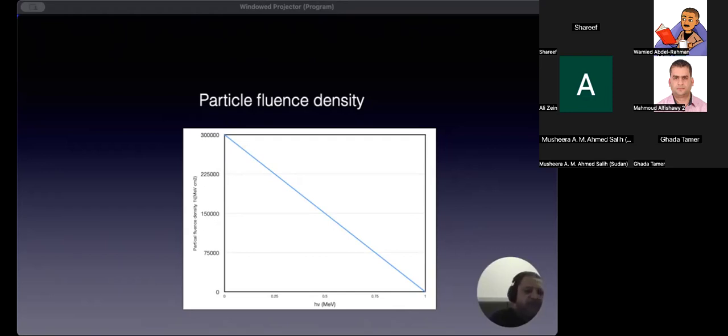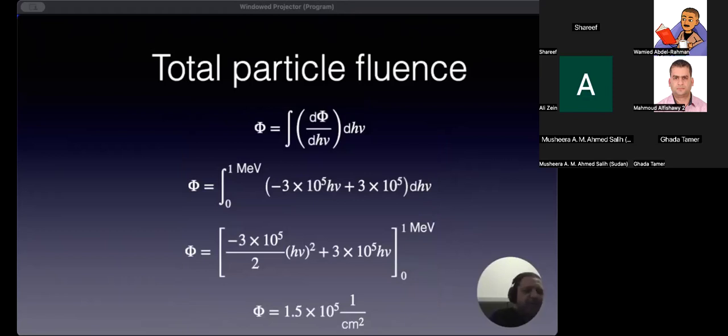That will give me the area under this curve. Anyway, I always like to go with the difficult methods. So this is the integration. We integrate this formula, and at the end, we get the particle fluence equals 1.5 times 10 to the power 5 per centimeter squared. Again, the unit of the total particle fluence is per centimeter squared.